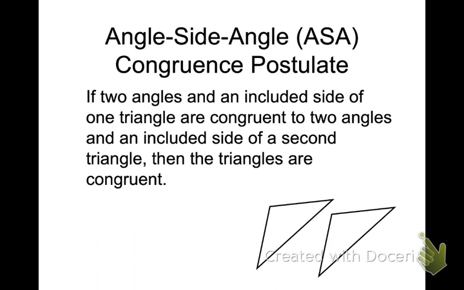So if two angles and an included side of one triangle are congruent to two angles and an included side of a second triangle, then the triangles are congruent.